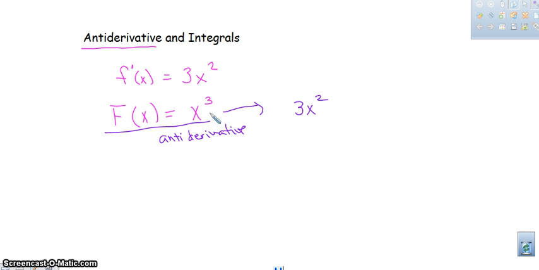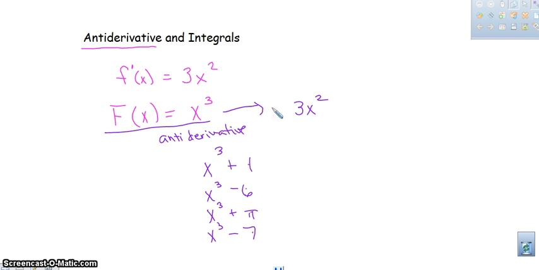Actually, that's just one answer. I could have x cubed plus 1. I could have x cubed minus 6. I could have x cubed plus pi. I could have x cubed minus 7. I really could have anything there, because remember the derivatives of all these numbers that I'm touching right here are 0.